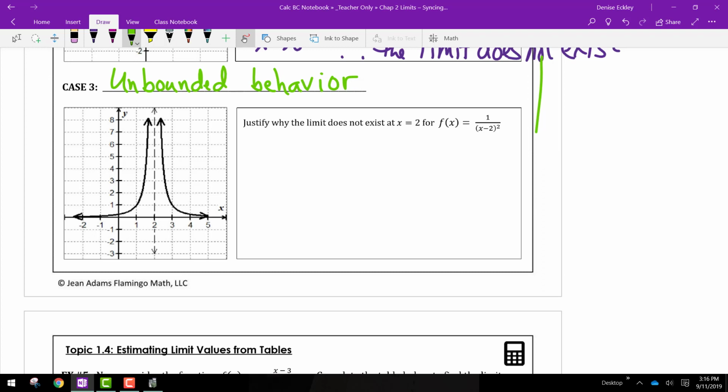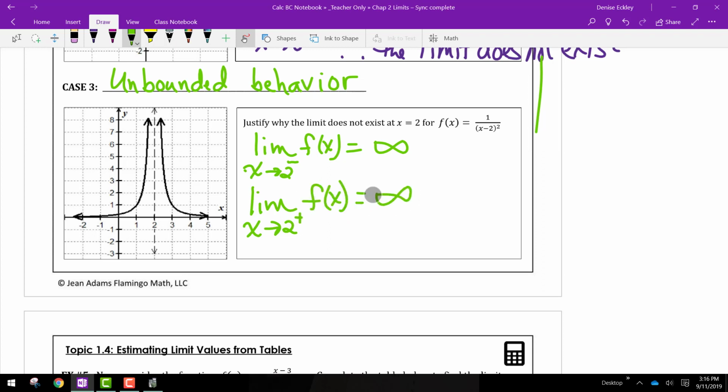And what we can see is for this function, f of x equals 1 over x minus 2 squared, if we take our limit from the left as we approach 2, that is going towards infinity. And if we take the limit as x approaches 2 from the right, it is also approaching infinity.